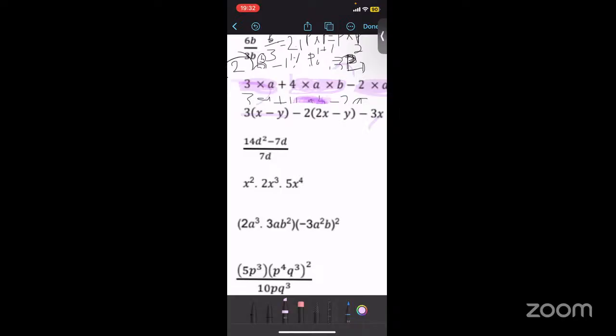For example, if x was your apple and y was your grape, you cannot say apple minus grape is equal to zero. You can only minus things that are the same, x and x, y with y.